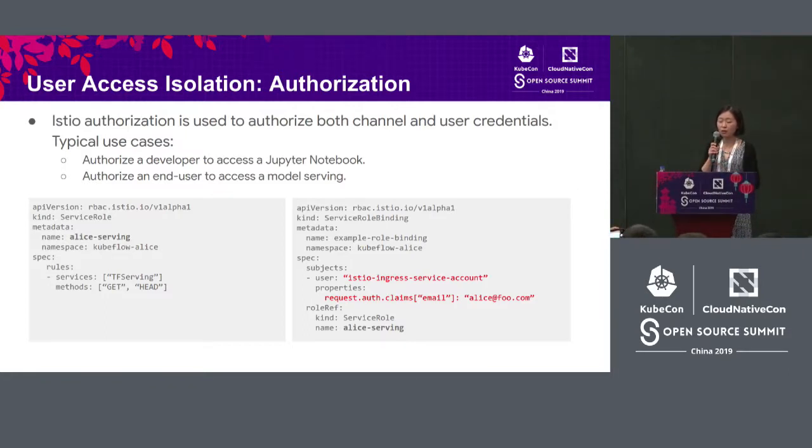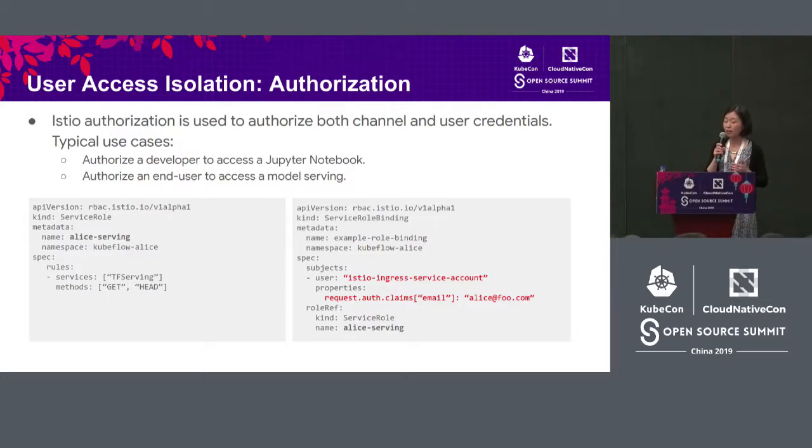I show an example of an Istio authorization policy here. On the left side, we define a role called Alice serving role. It allows you to read the serving workload in the Kubeflow Alice namespace.